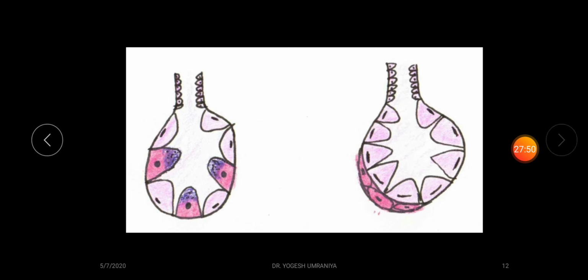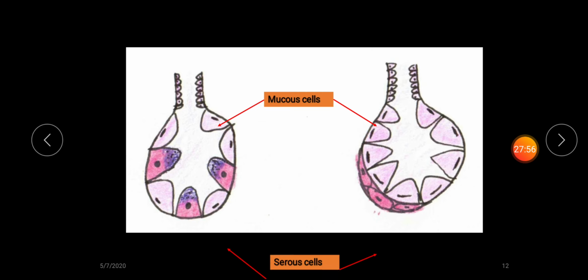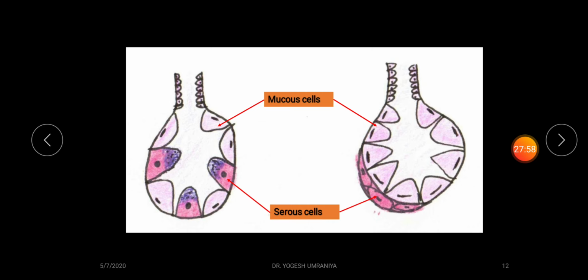So here in this figure you can see the mucous cells having the flat nucleus near the basal lamina, serous cells having the round nucleus towards the base, and you can also mark the staining property. At the base you will have the basophilic base and apex the acidophilic apex.